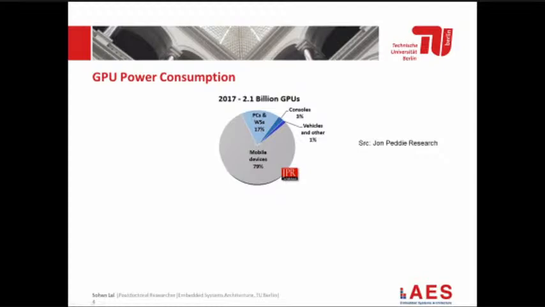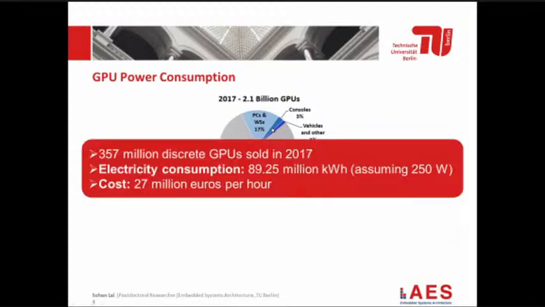As most of my research was focused on discrete GPUs, I'll provide a further perspective on this 17%. The 17% of 2.1 billion is approximately 357 million discrete GPUs sold in 2017, and that cost us around 89.25 million kilowatt hours, assuming that a GPU consumed 250 watts, which is a very typical number for a discrete GPU.